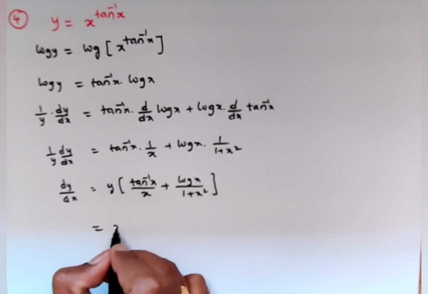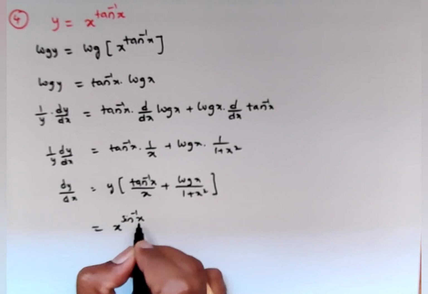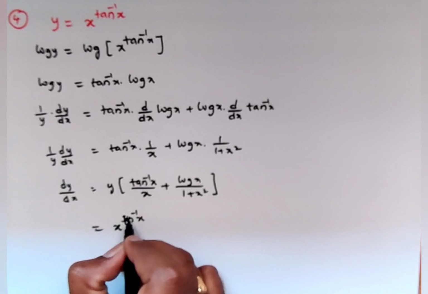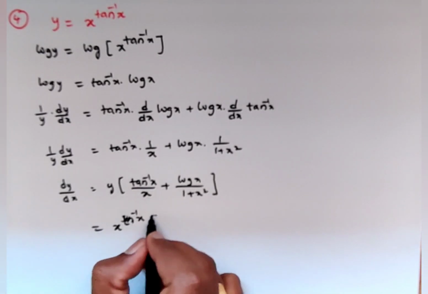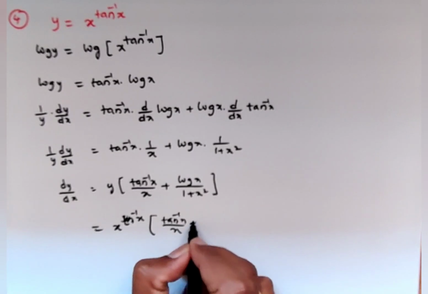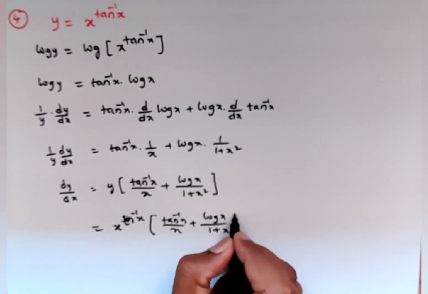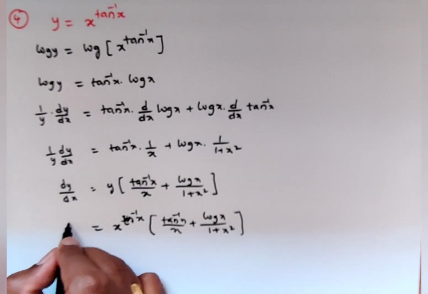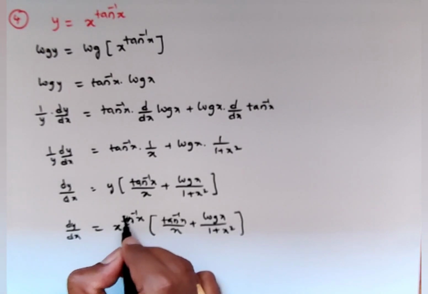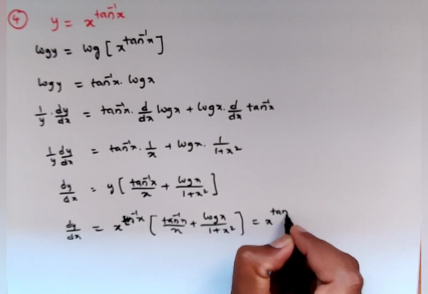Just replace y with the given function, x to the power of tan inverse of x. So dy by dx is x to the power of tan inverse of x into tan inverse of x by x plus logarithm of x divided by 1 plus x square.